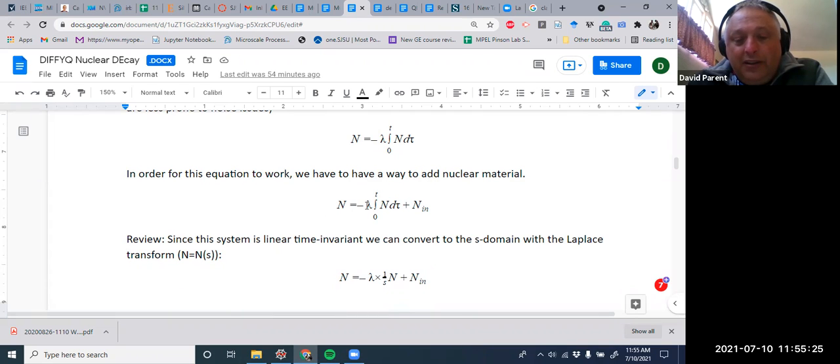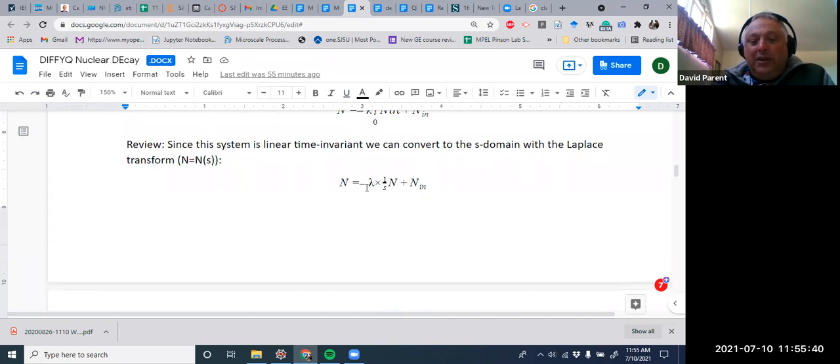In order to do that, we just have to have some initial condition. Now, if you look at it, there's no x squared or anything like that, so we can convert all this into the S domain because that's a little bit easier to see.